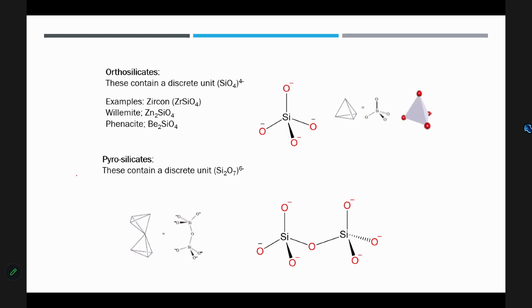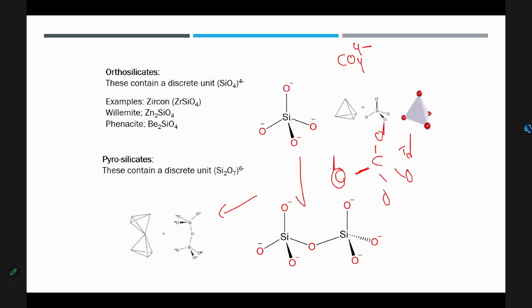I told you that in case of carbon, just imagine CO4 4 minus with carbon and four oxygens. Tetrahedral CO4 4 minus can form, but it cannot form this kind of oxides, silicates, and so on.